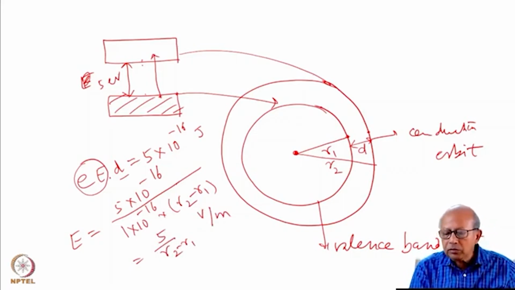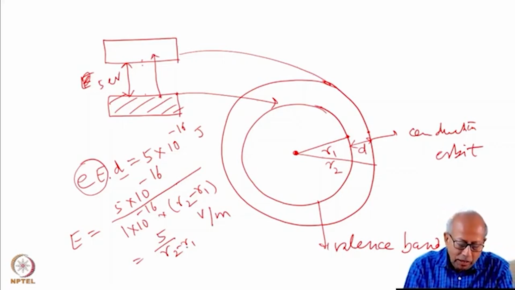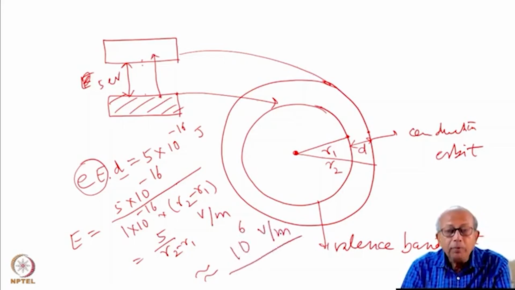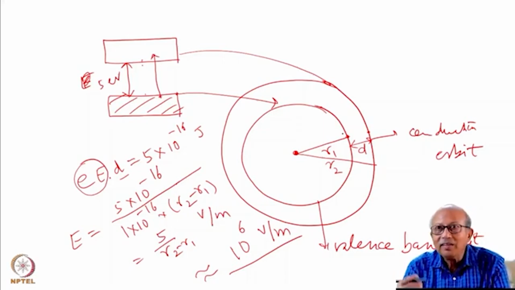For a typical insulator, from Bohr's theory you can work out r2 minus r1, and if you plug in these values, you will see that this field comes to the tune of 10 to the power 6 volt per meter, that is million volt per meter, which is exorbitantly high, and it is impractical to apply such an enormous field and make an insulator a conductor, a metal.